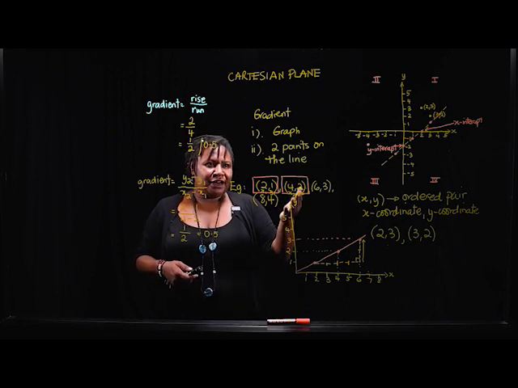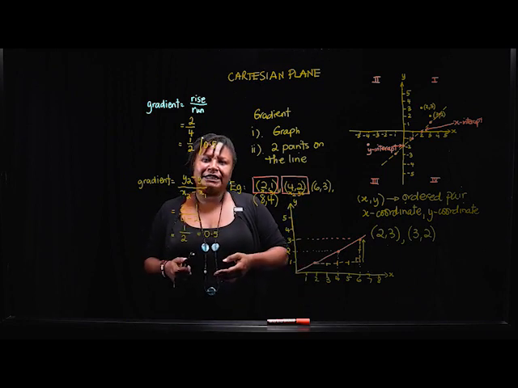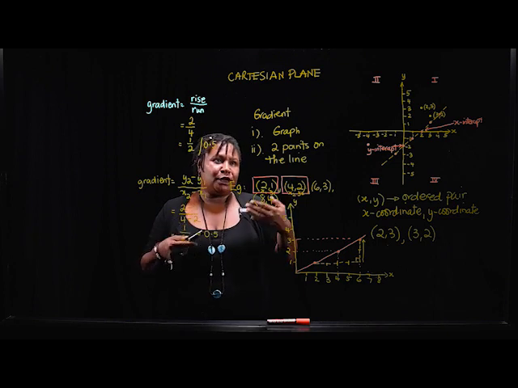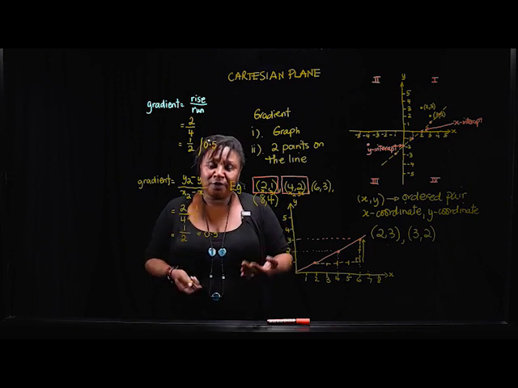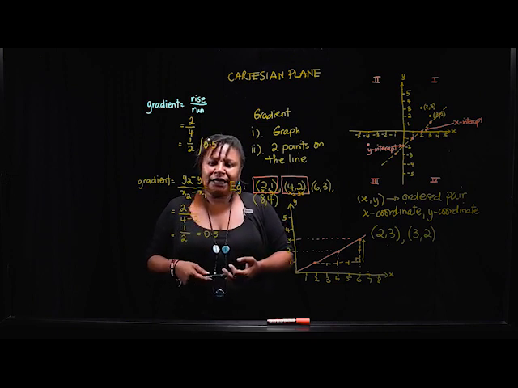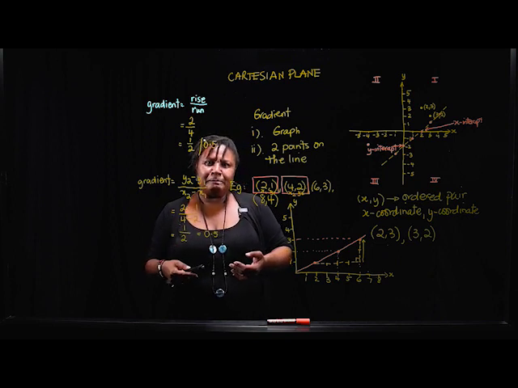Now we've looked at the Cartesian plane, important features of the Cartesian plane. We've looked at the gradient and how to find the gradient. Now these are important points you need for the equation of the line or the linear relation. So this is the end of our lesson.